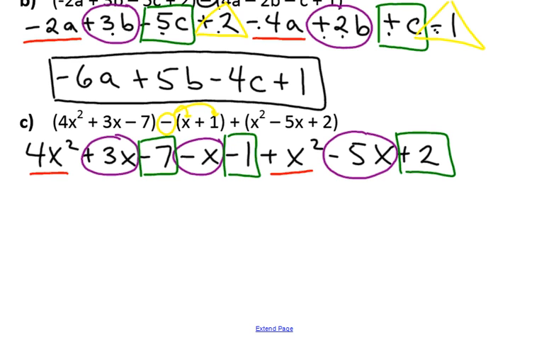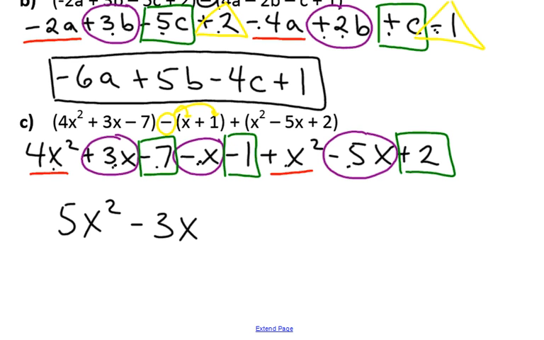All right, so now the 4x squared plus x squared is 5x squared. 3x minus 1x is 2x. Then 2x minus 5x is -3x. Again, you're adding three different things together. 3 minus 1 is 2. 2 minus 5 is -3.